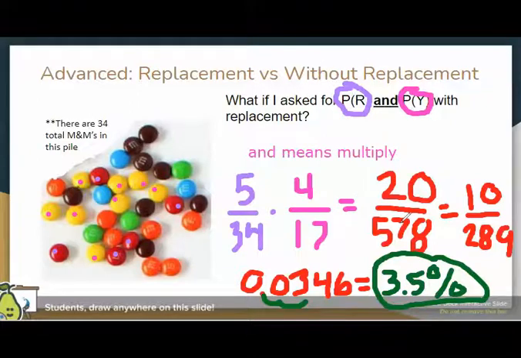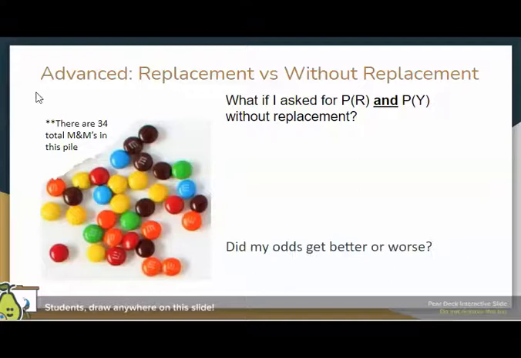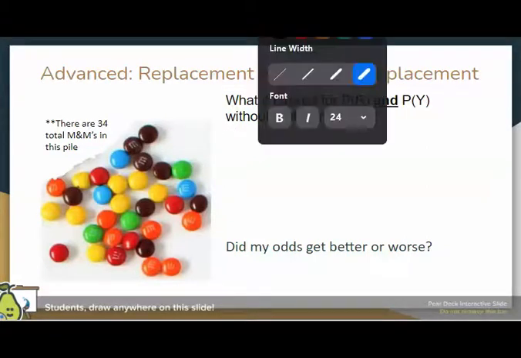All right, now we're going to talk about without replacement. That's a pretty simple concept. I'm going to clear these drawings. I'm going to go to the next slide. And now we've got the same thing. So PR and PY is just for my PR.